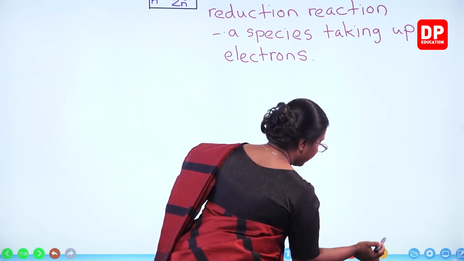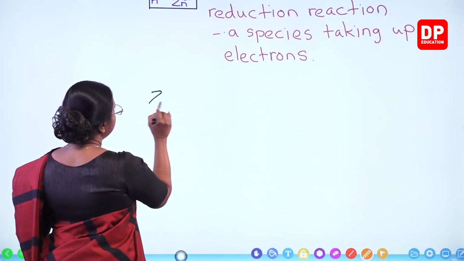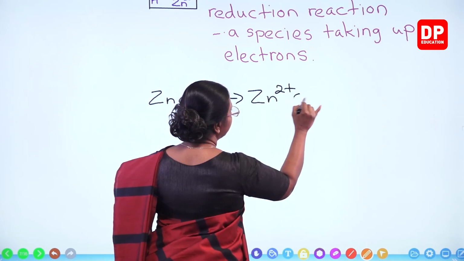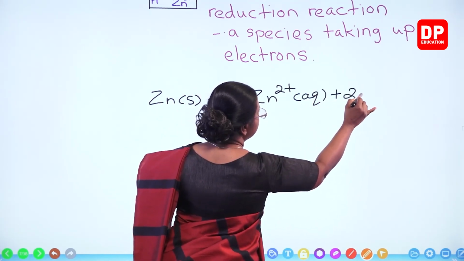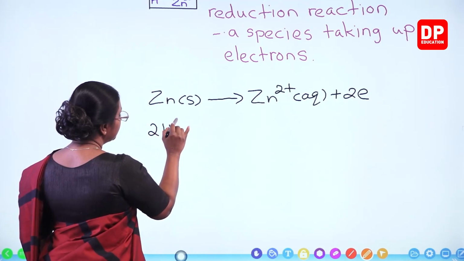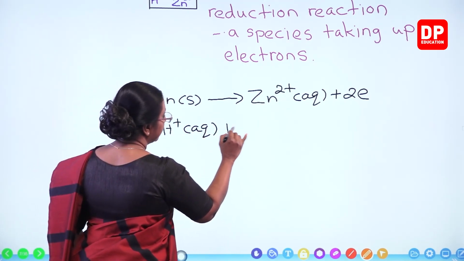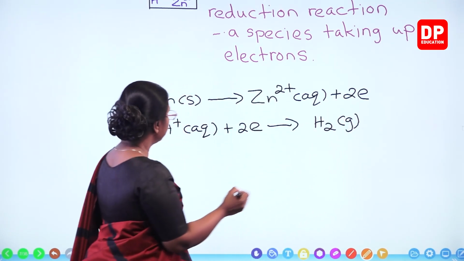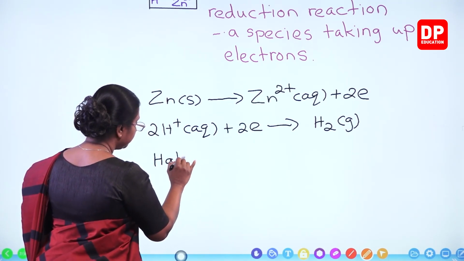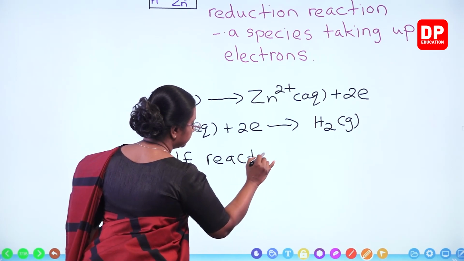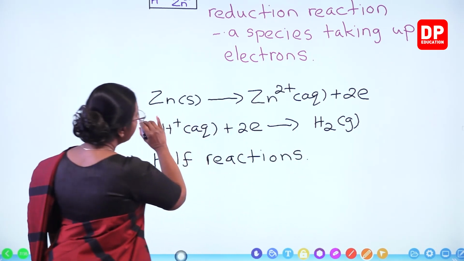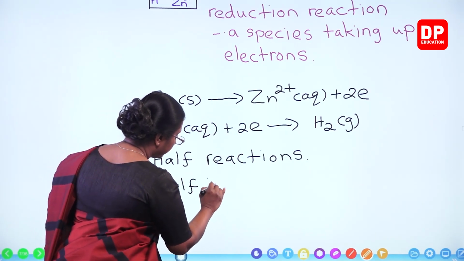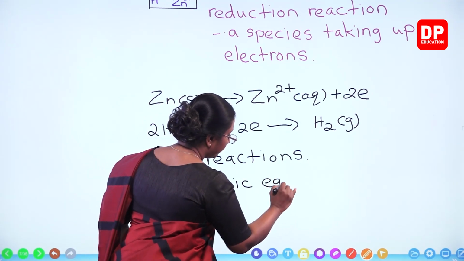Both these reactions, zinc solid giving Zn2+ aqueous by losing 2 electrons, and 2H+ aqueous taking up 2 electrons to give H2 gas, are half reactions. Therefore, these equations are known as half ionic equations.